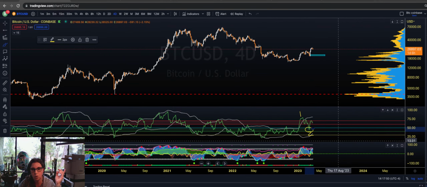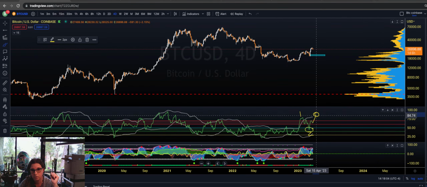But if the weekly is going to be able to push up over 70 for its first signal, this needs to continue up and push over the red zone here to give us signal number 3. Can it pull back a little bit first? Yes, it can.